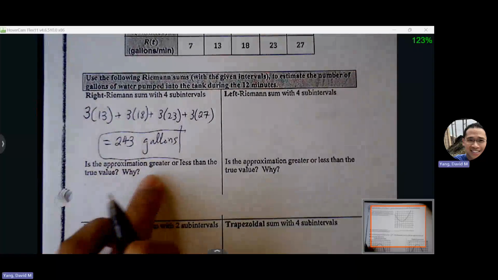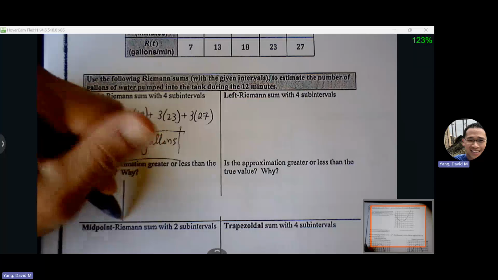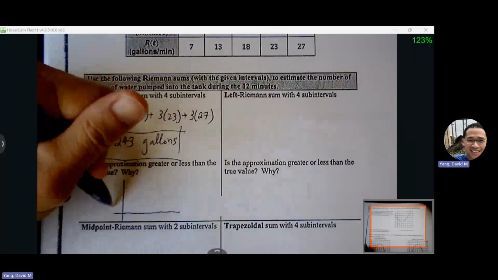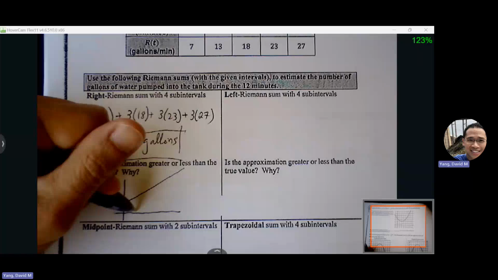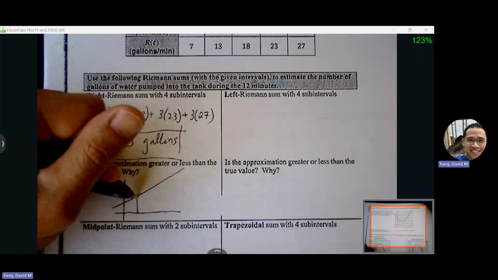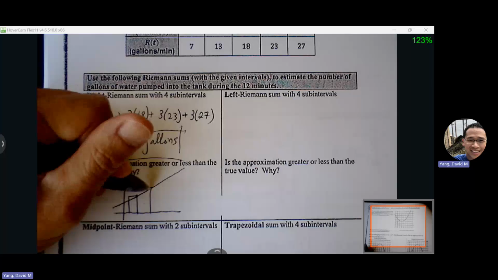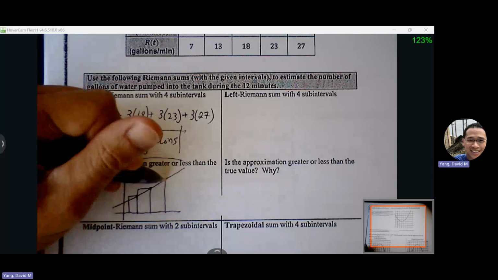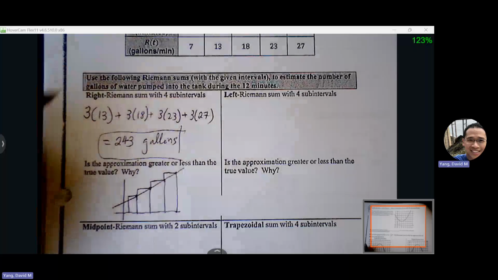Okay, is the approximation greater or less than the true value? If we do a rough sketch of the graph, we know our graph is increasing. But if I draw rectangles where I'm forcing the right endpoint to represent the height of each rectangle, what do you notice about all these rectangles? They're all going to sit above the curve, right?